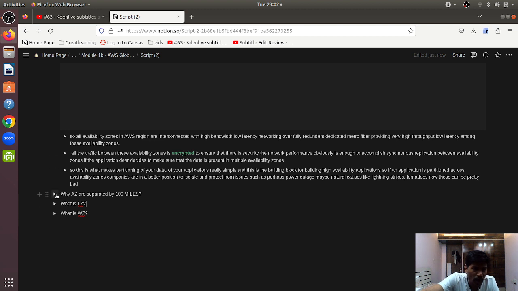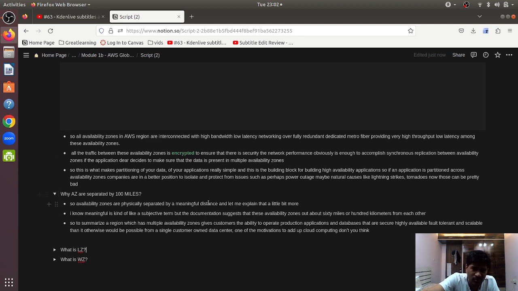So the availability zones are physically separated by meaningful distances, such as 60 miles or 100 kilometers. A region having multiple availability zones gives customers the ability to operate production applications and databases that are more secure, highly available, fault tolerant, and scalable.